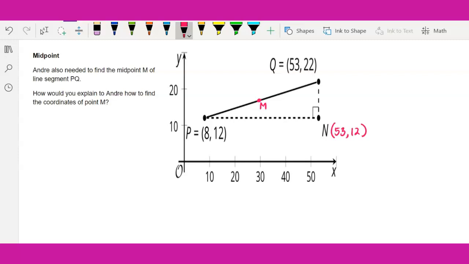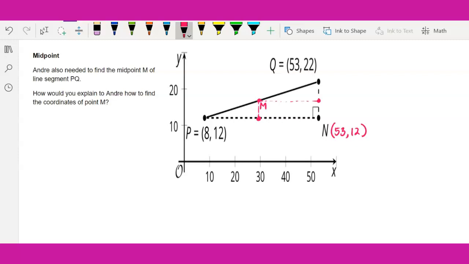To find the coordinates of the midpoint M, we need to understand that if M is the midpoint of PQ, we can extend it so that it's also a midpoint respectively of the legs.